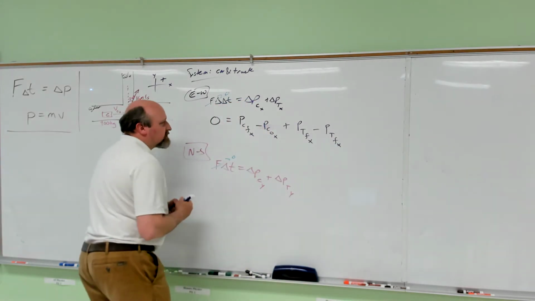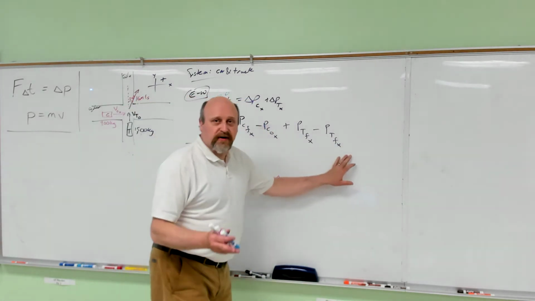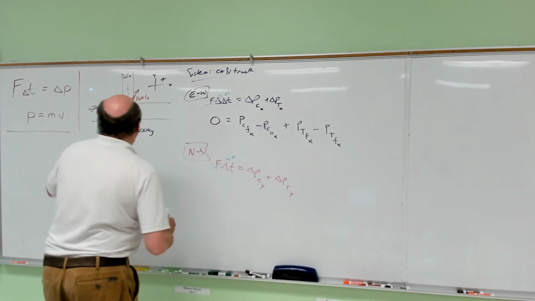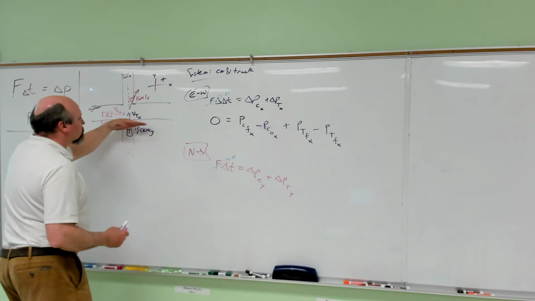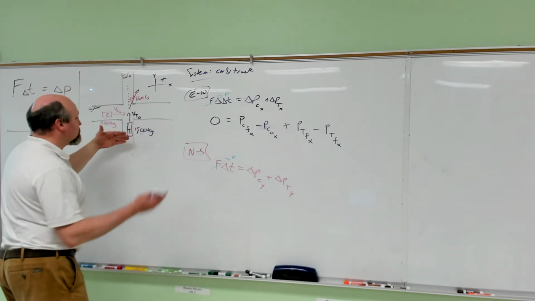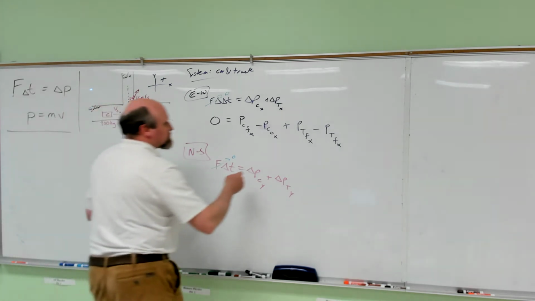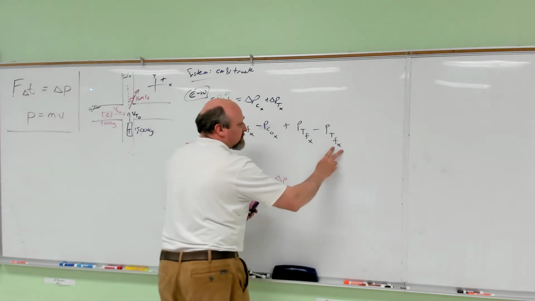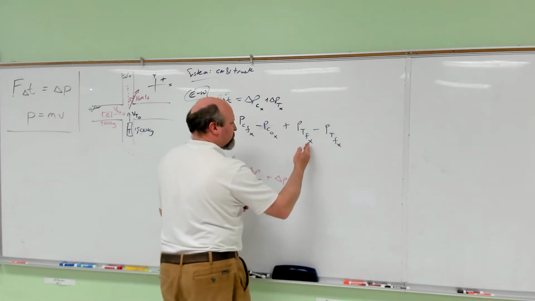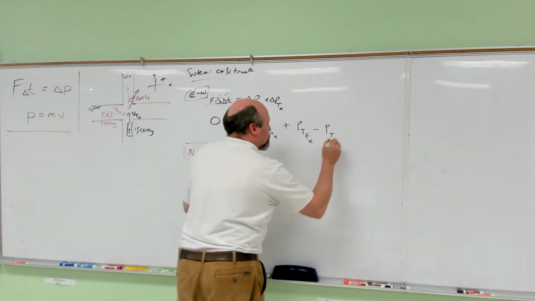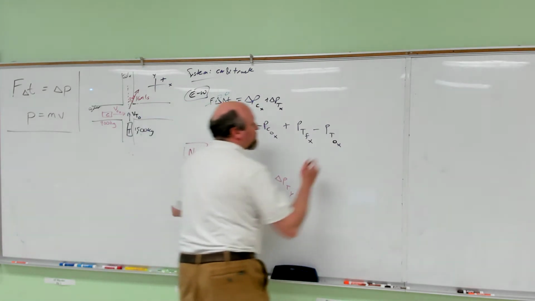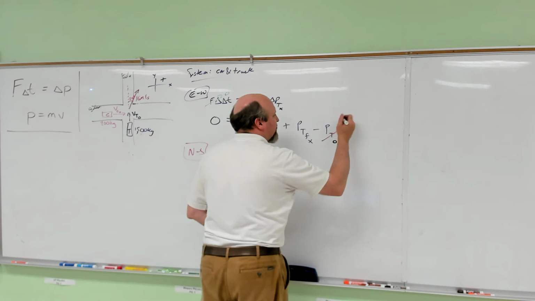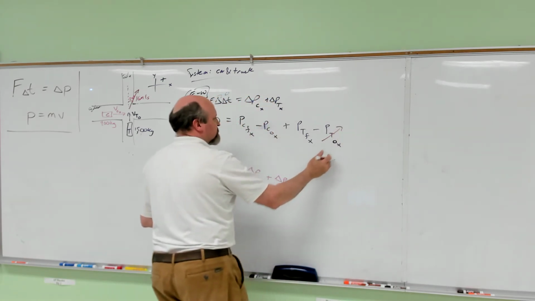Now when I do that, are any of these terms going to be 0? Look at the truck. Did the truck have a horizontal momentum at the start? You would say no. So this term, the initial momentum of the truck, is going to drop right out for us because the velocity of the truck in the x-axis was 0.